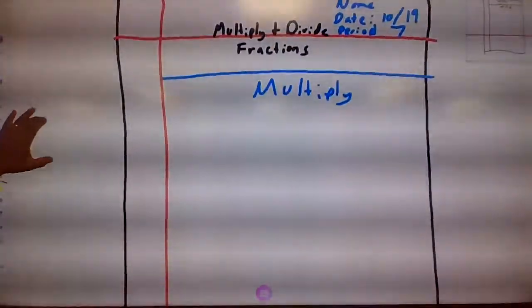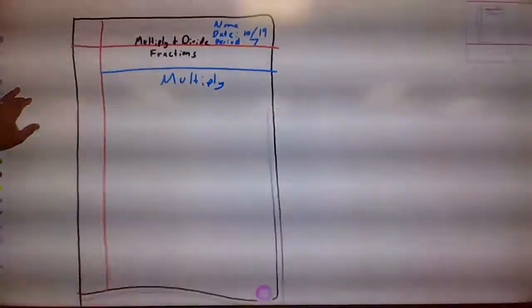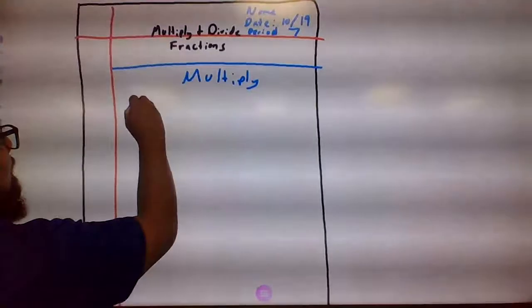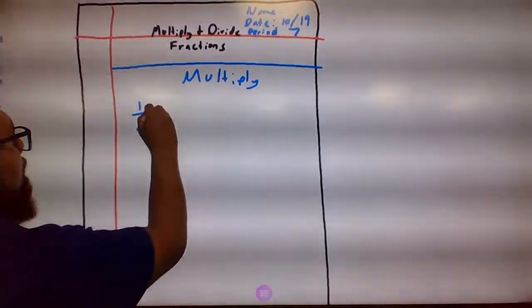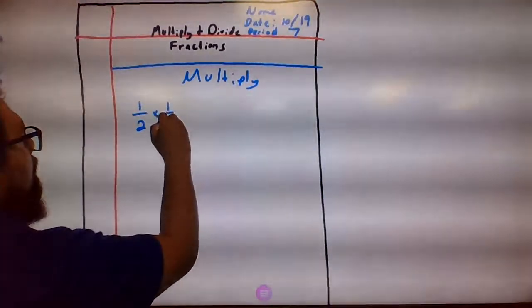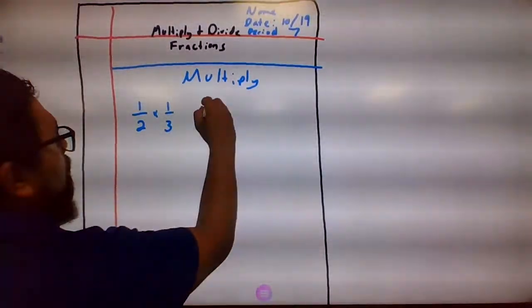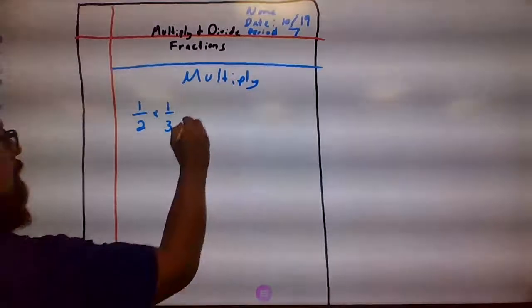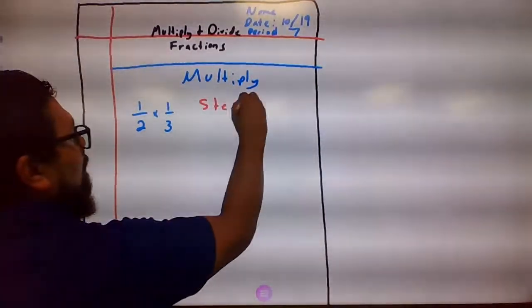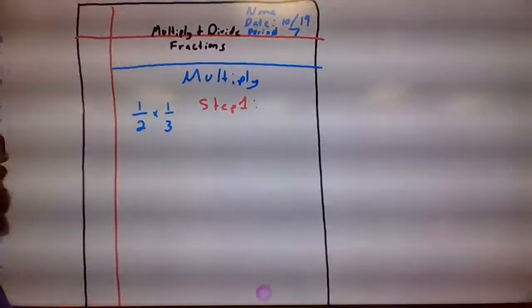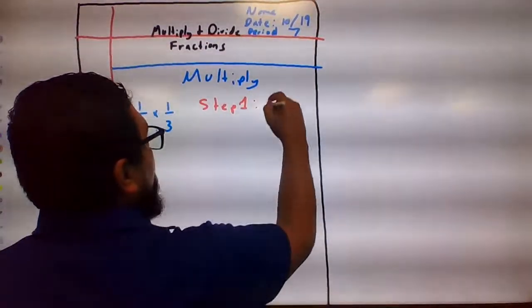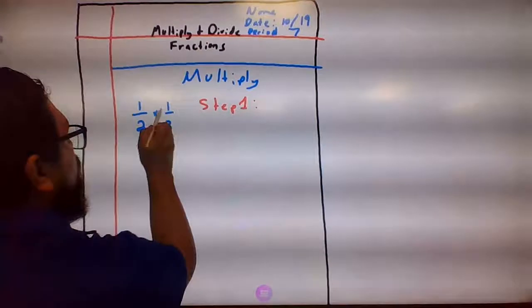So to multiply fractions, we have a fraction like this, 1/2 times 1/3. Okay, so what's step number 1? Step 1 is multiply the 2 numerators.